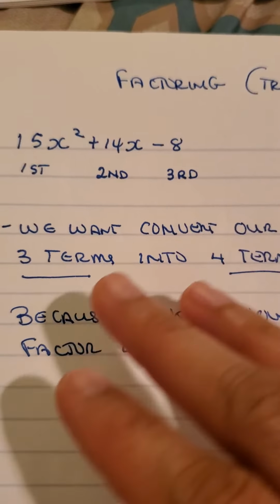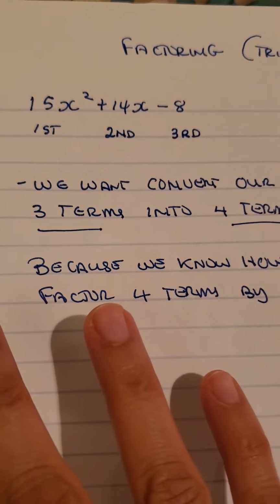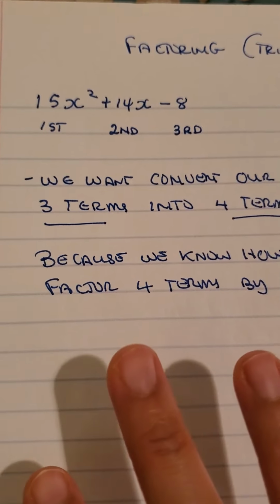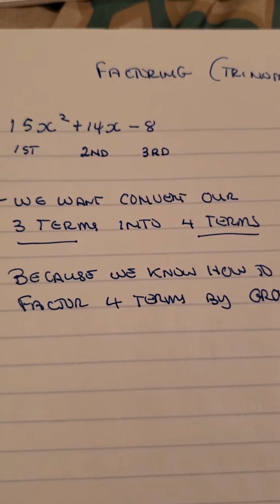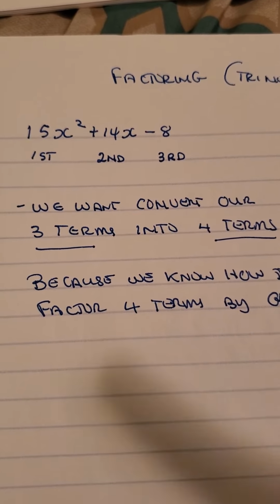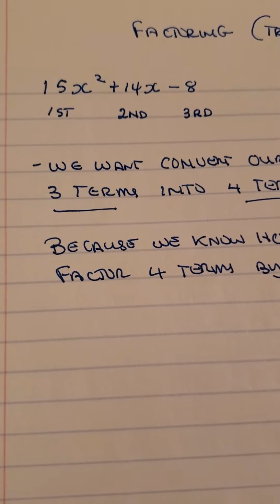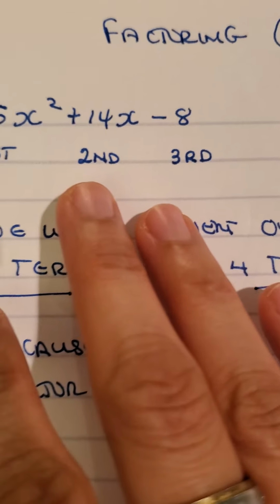That's what that was leading you up to. The first time we showed you how to factor two terms, then we showed you how to factor four terms. Now we're showing you how to factor three terms. Now I know it sounded a little backwards. Why did we go from 2 to 4 to 3? That's because we have to know how to factor four terms before we can actually factor three terms.